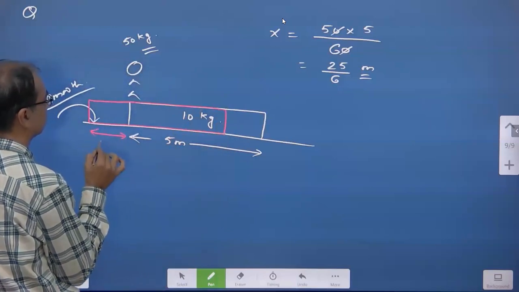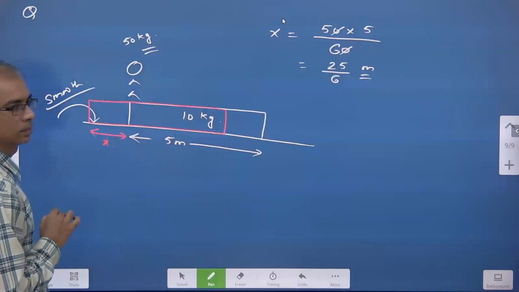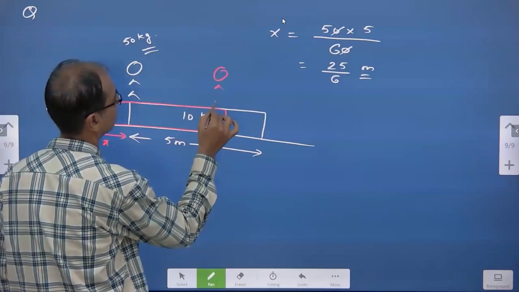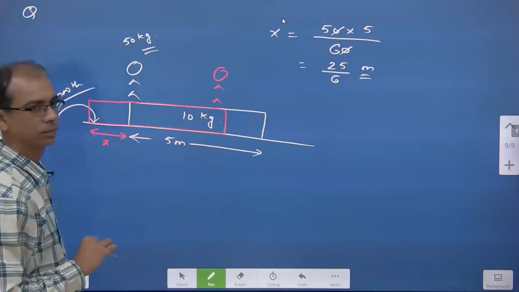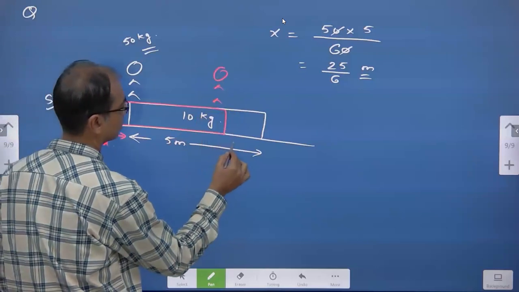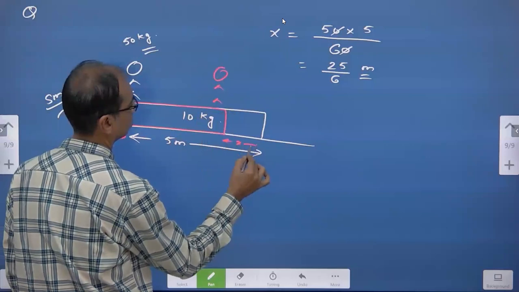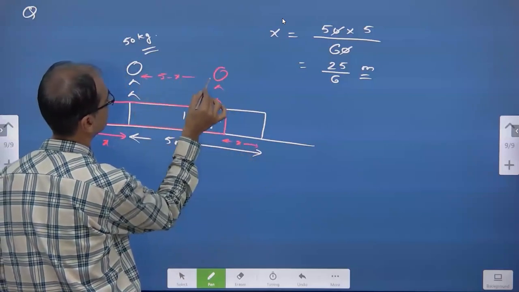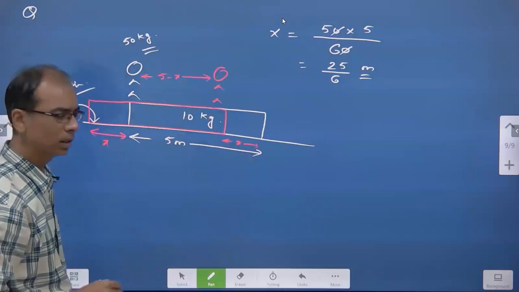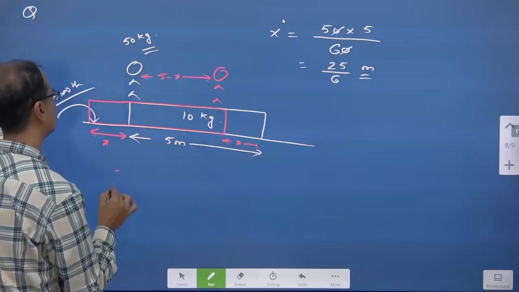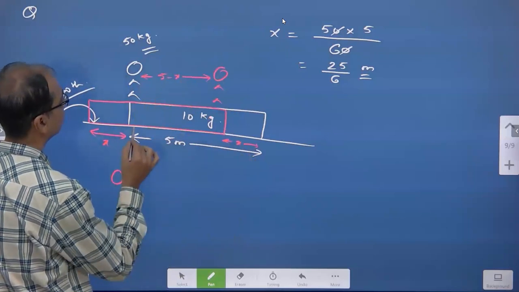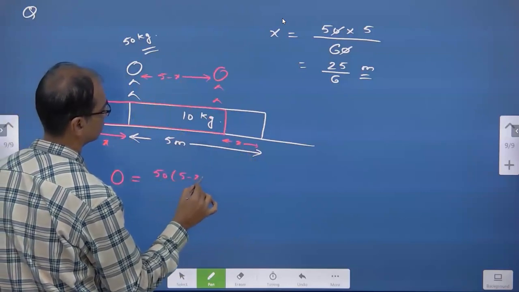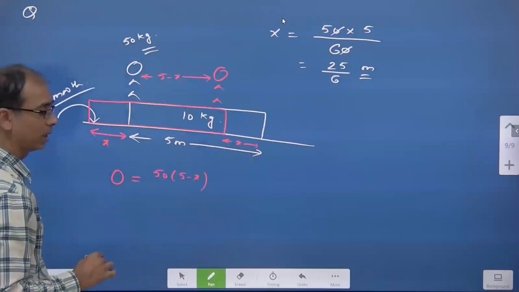X. New position of the boy. Now, this is also X, obviously. New position of the boy is what? 5 minus X. Then we are writing. Where is the center of mass? I assumed it as 0. The boy has moved how much? 50 into 5 minus X. How much has the plank moved? X.